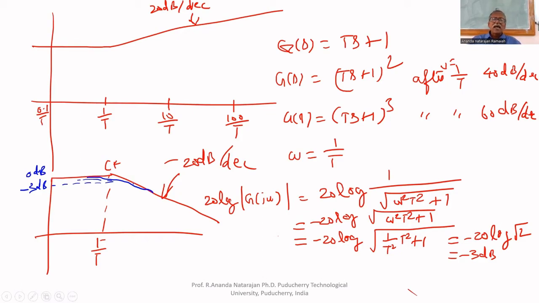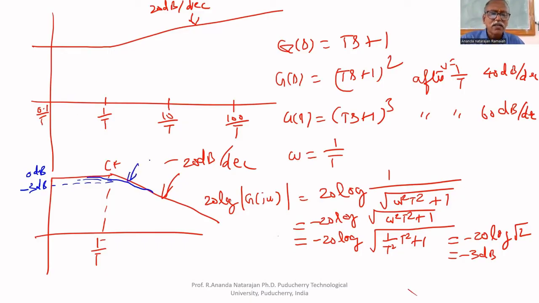So, the difference between the asymptotic Bode plot and the exact plot is a difference of minus 3 dB only, and that too at corner frequency only. At other points, it is the same.